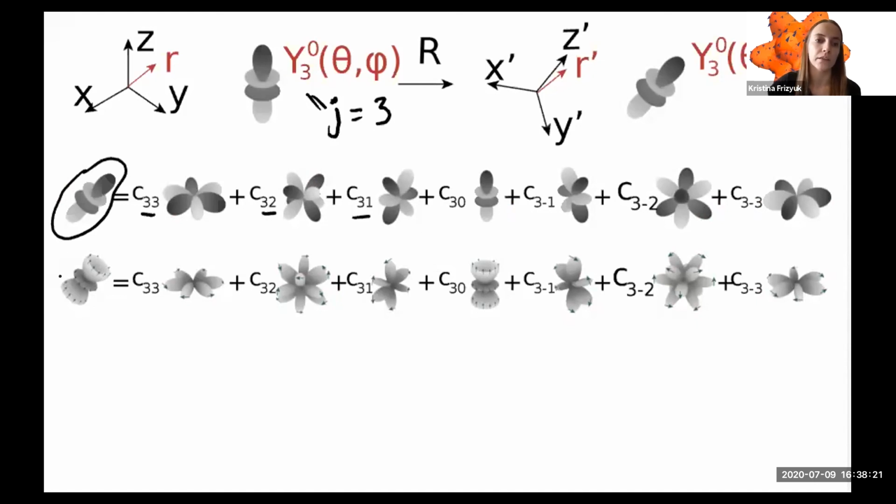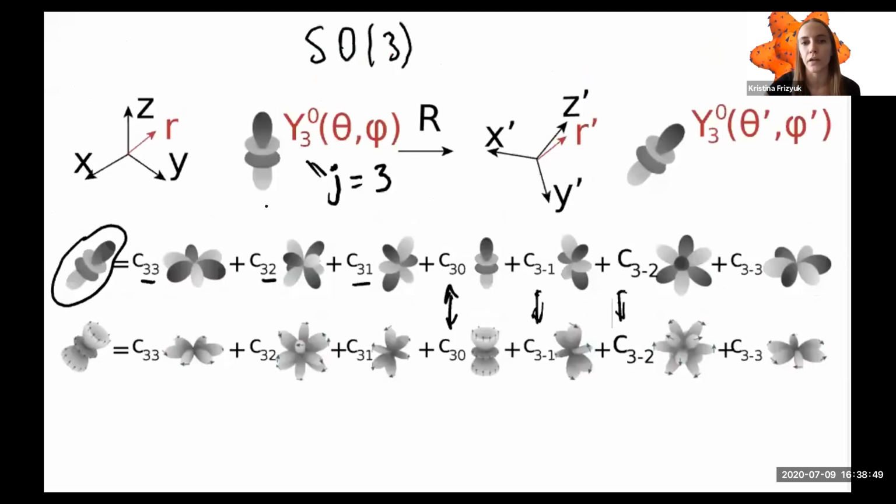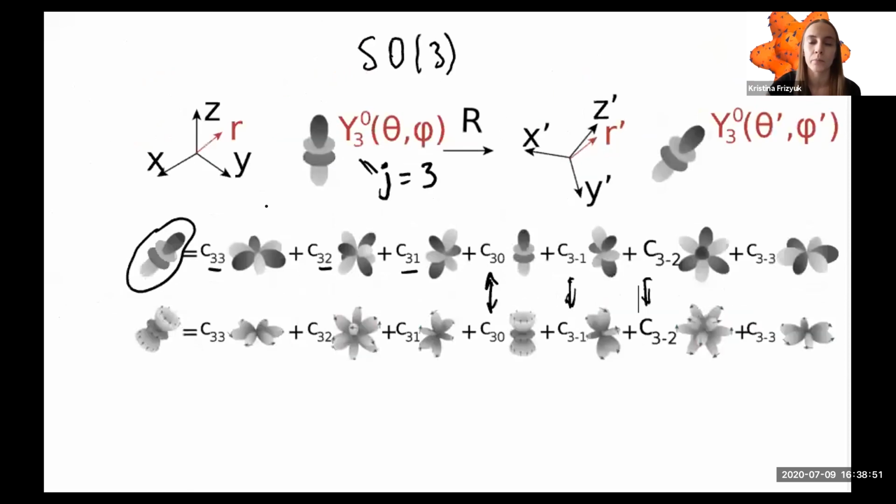If we take an electric vector function, the rotated function is decomposed into a sum of different electric functions with similar angular momentum, and the coefficients are absolutely the same as for scalar ones. The same happens for magnetic functions. So the rotation behavior of all three is similar, and the longitudinal functions also behave the same.